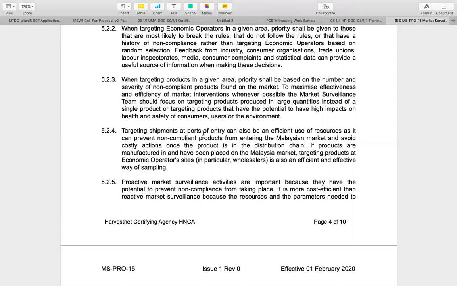Targeting shipments at ports of entry can also be an efficient use of resources, as it can prevent non-compliance from entering the market. Sometimes when these products are being imported, they come in batches, and we can conduct our surveillance on these batches as well, at least before they are distributed onto the market.